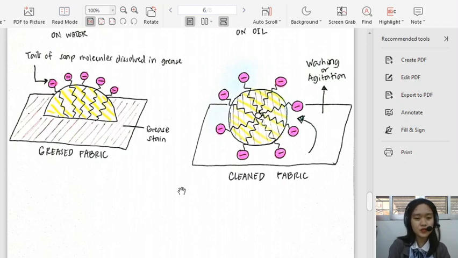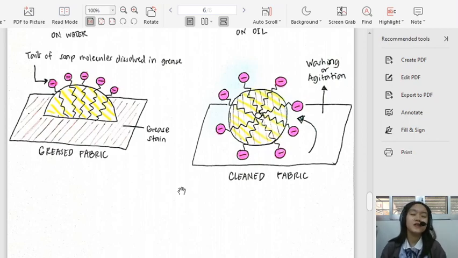So, how does your soap act when there is grease present in your clothes or dumi, no? Tandaan class, most pathogens or most microorganisms are what? They are lipids, okay? They are composed of lipids. Kaya nga, nadidissolve sila in the presence of organic solvents.